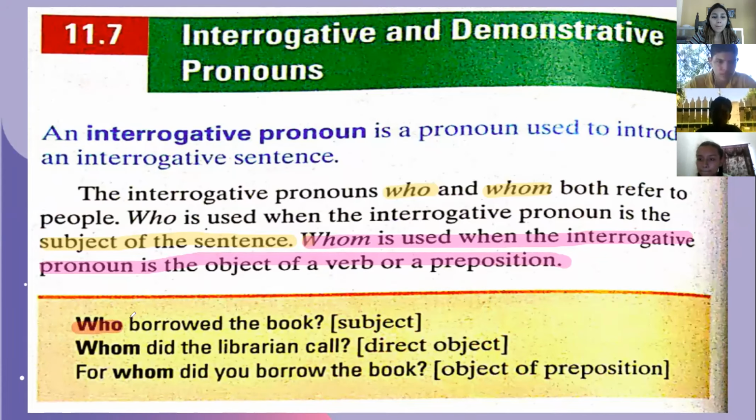Who borrowed the book? Okay, in this case, we are using who as a subject. Now, we have the other example, which is whom did the librarian call? Now, this is a direct object in this case.